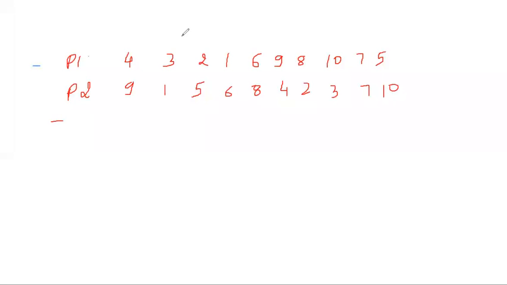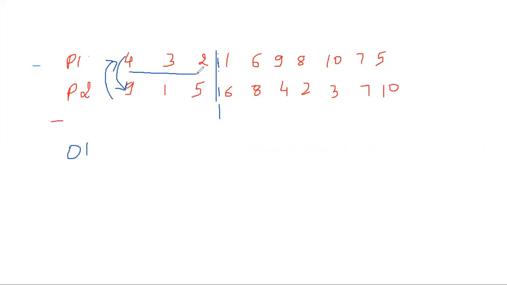Okay. So first I will have to choose a random point for my crossover. Let that random point be after the second gene. So this is my point from where I want to cross over. For the offspring being generated, the simplest thing I'm going to do is simply exchange these sections.